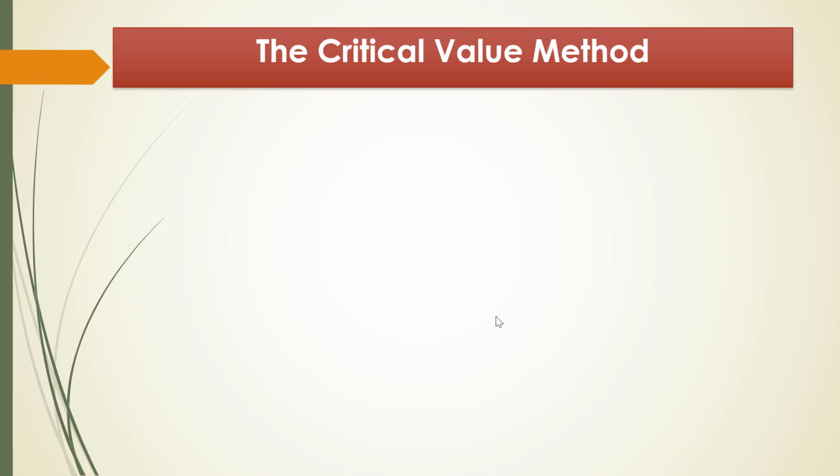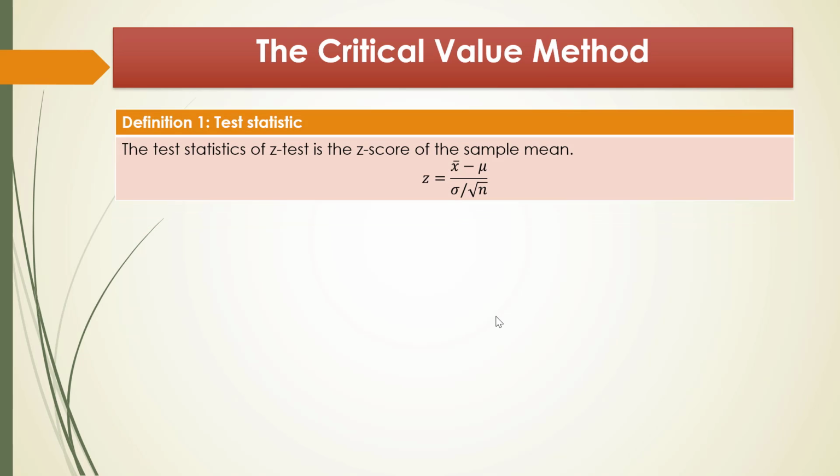So let's look at the first method, the critical value method. No matter which method you use to perform a z-test, we need to know the test statistic. Remember, hypothesis testing is an inferential statistics method.